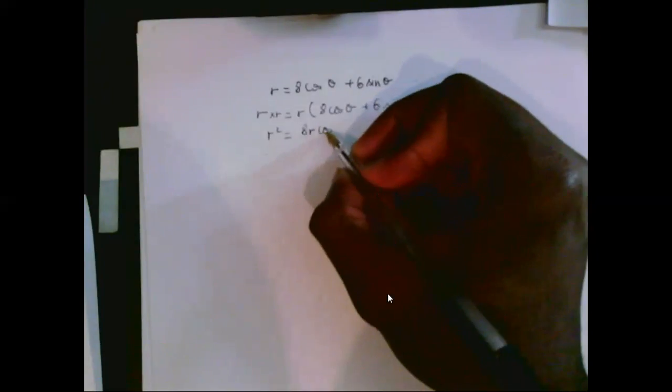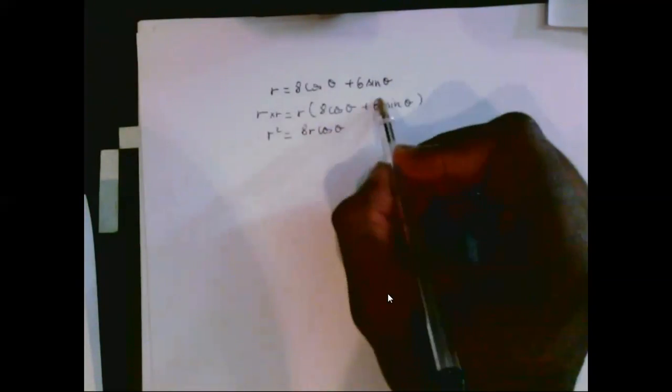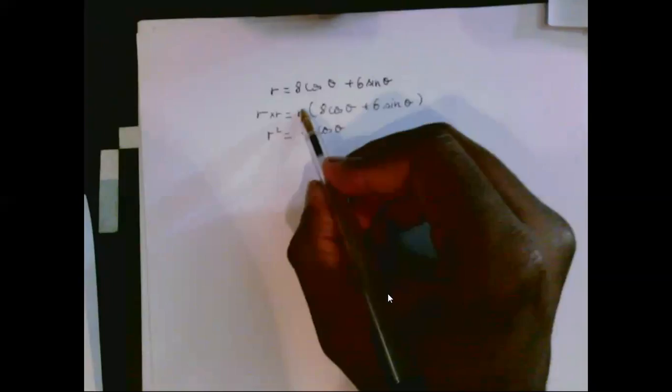Now I know that r cosine theta is equal to x, so I will replace it with x. And I know that r sine theta is equal to y, so I replace it with y. Now I know that r squared is equal to x squared plus y squared, so I'll replace it with that.